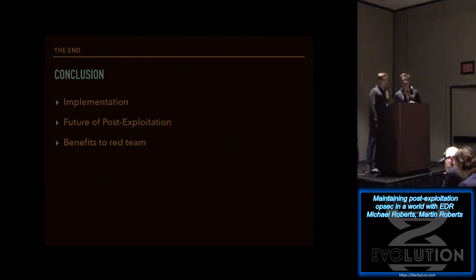Obviously, most organizations have signature detection, so you want to avoid that. This talk has many benefits for a red teamer if they can remain OPSEC safe during a pen testing engagement. They can avoid detection by a blue team. They can last longer on the network. They can provide more results to the customers and stuff like that.